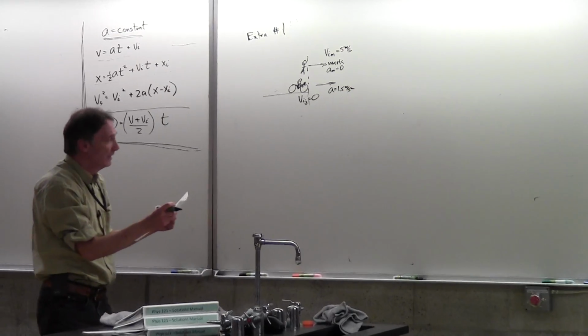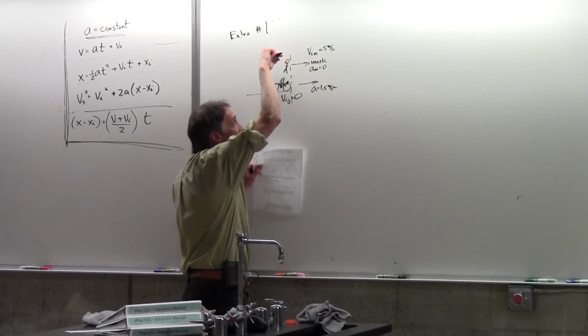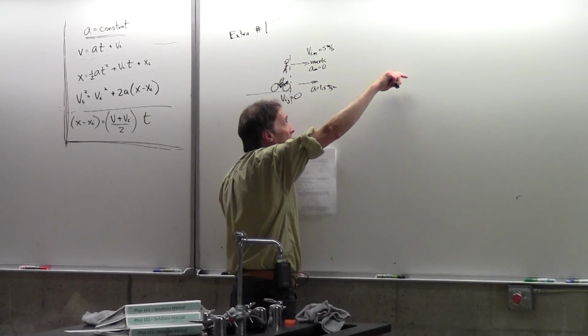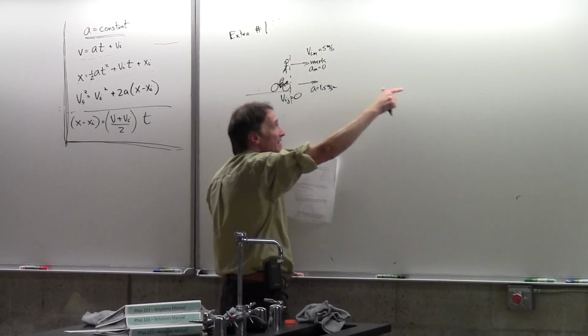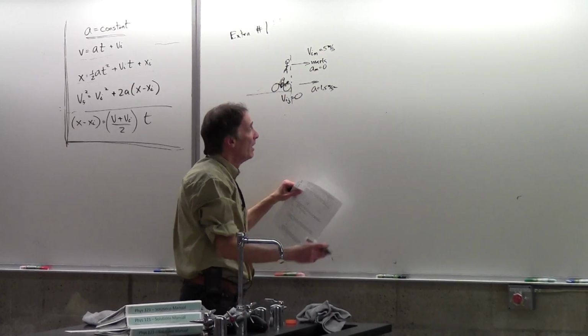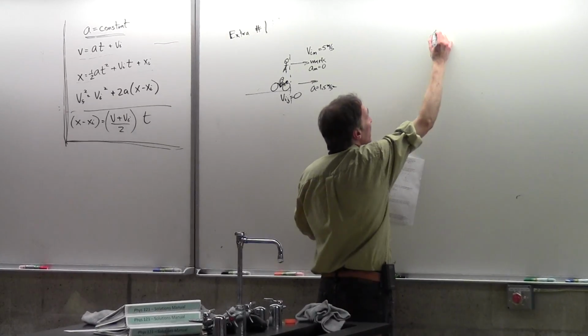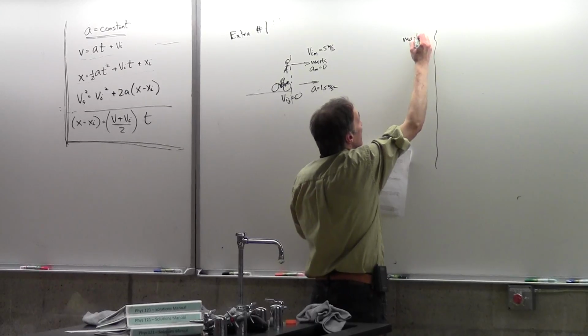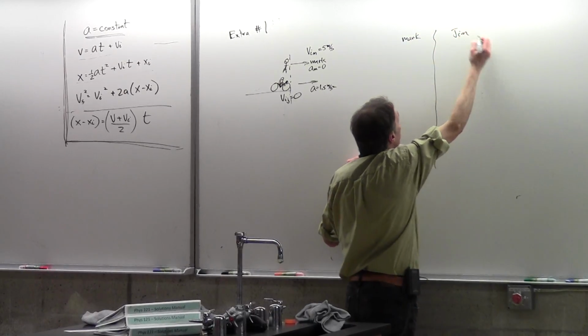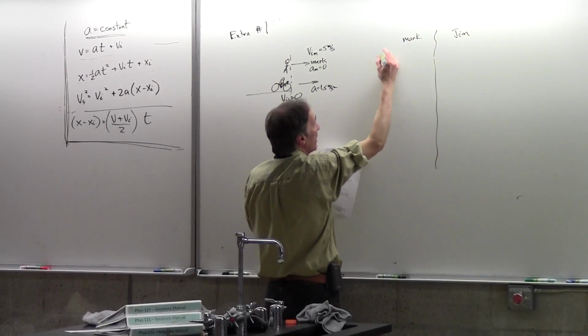The question is, of course, that at first Mark takes off and gets ahead of him. Jim is going to wait 3 seconds and then take off and catch him. So what we want to do is think of your separate bodies, Mark and Jim.